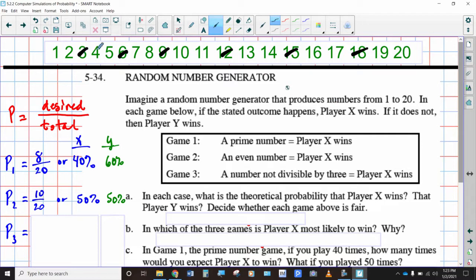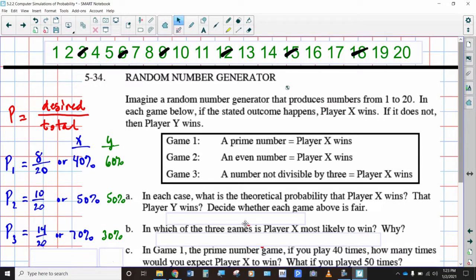That leaves 1, 2, 3, 4, 5, 6, 7, 8, 9, 10, 11, 12, 13, 14 of the 20 numbers that are not divisible by 3. And that's 70% of the numbers, which means X has a 70% chance of winning game 3, which means that Y only has a 30% chance.